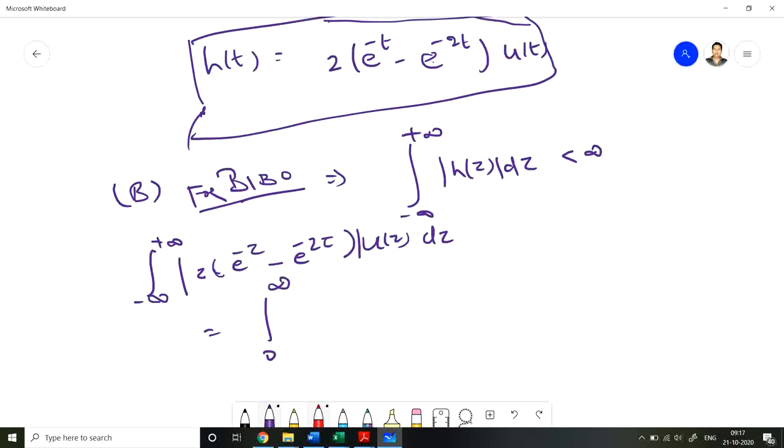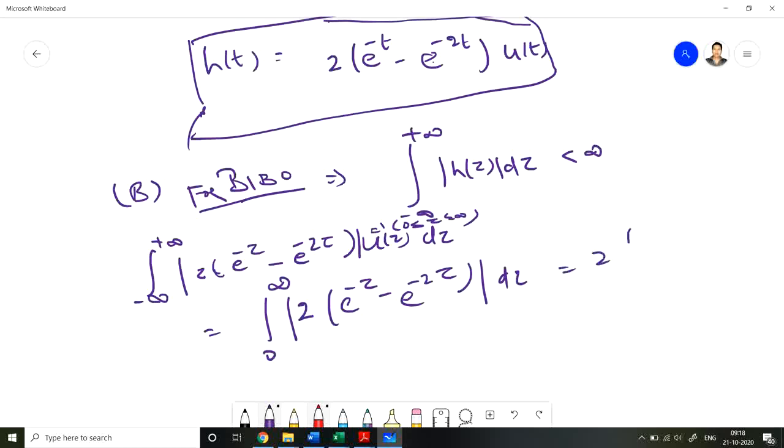This value is 1 when tau is between 0 and infinity, so it is the integral from 0 to infinity of (2 e raised to the power minus tau minus e raised to the power minus 2 tau) d tau.